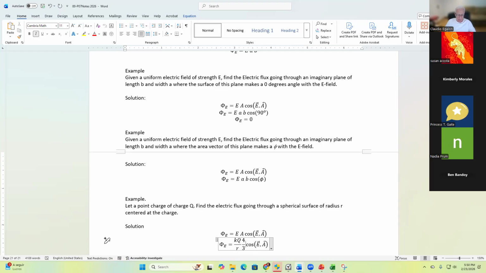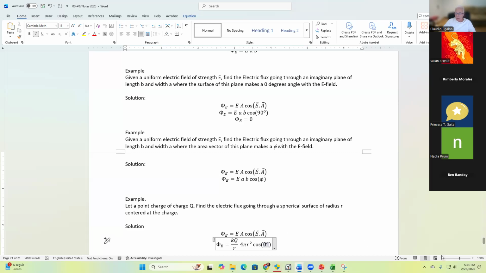The area of the spherical surface, 4/3 pi r, no, it's not 4/3. Sorry, 4/3 is the volume. 4 pi r squared, that's what the area of the sphere is. The angle between the electric field and the area vector is going to be 0 degrees.